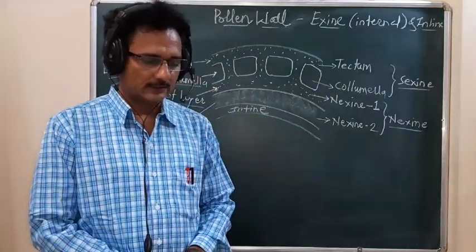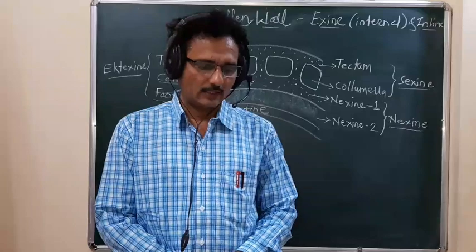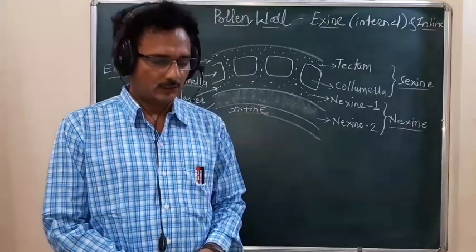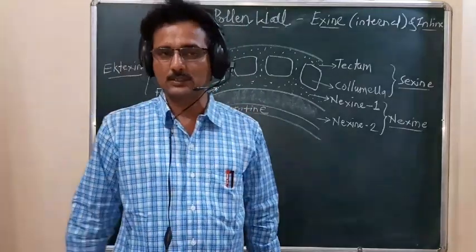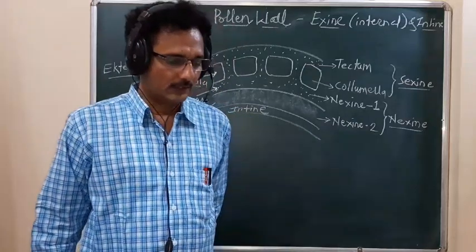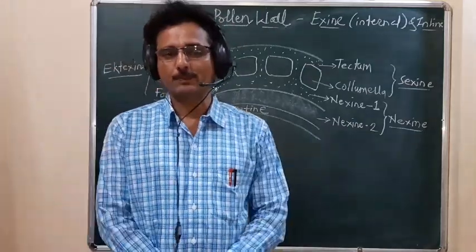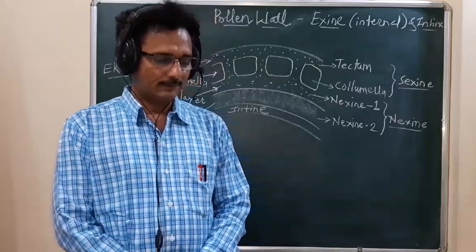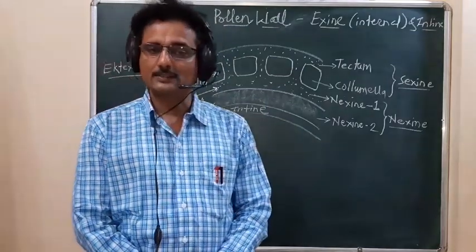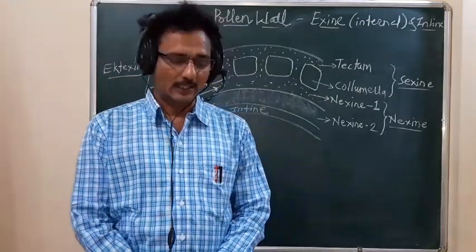First option in anther, second option on stigma, third option in pollen tube while passing through style, and fourth option in embryo sac. So what is your answer? In the pollen tube while passing through the style. The third option is your answer.